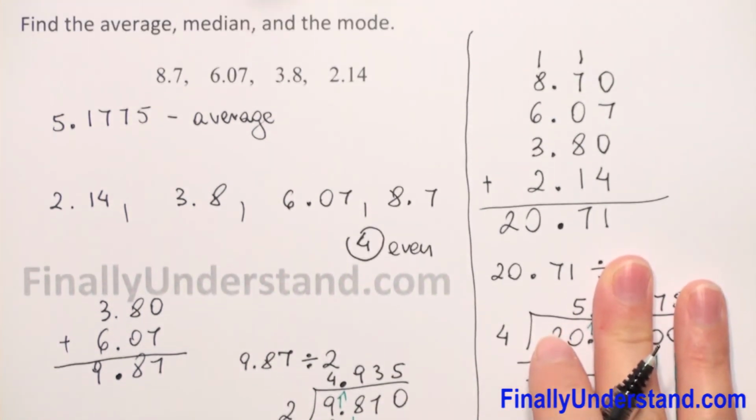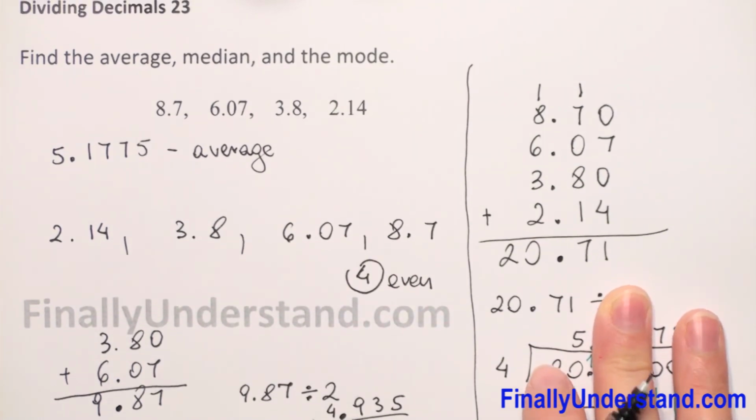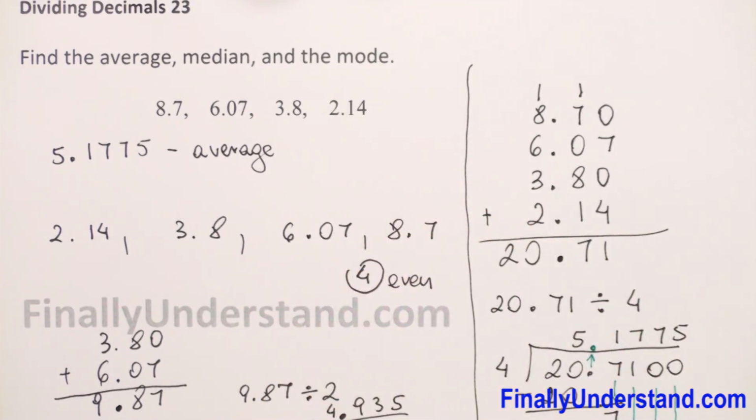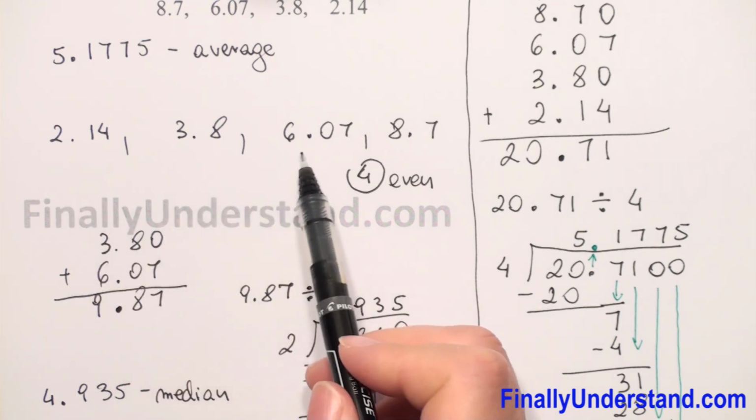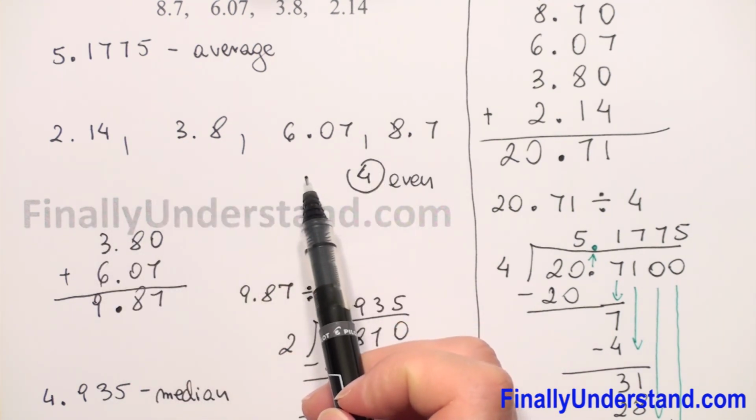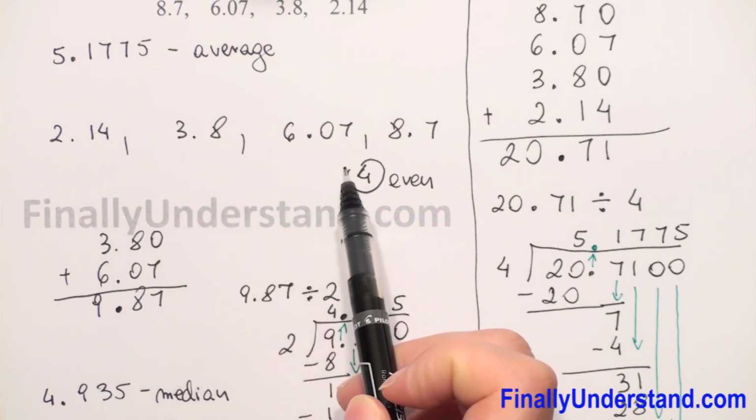And what else do we have to find? We need to find the mode. What is the mode? When we have to find the mode of a set of numbers, we first have to find the number that occurs most often. In this example, every number is different.